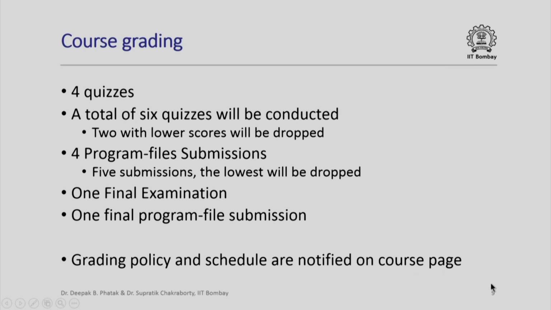There will be one final examination and one final program file submission. Altogether they would amount to 100% marks. Based on your score, what grade you will get, and the schedule of the quizzes and submissions, is all explained in the grading policy and schedule as notified on the course page.